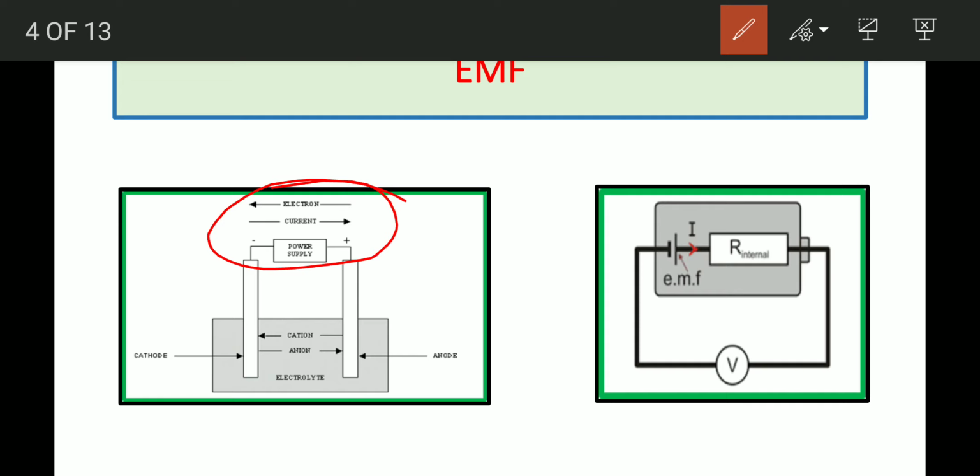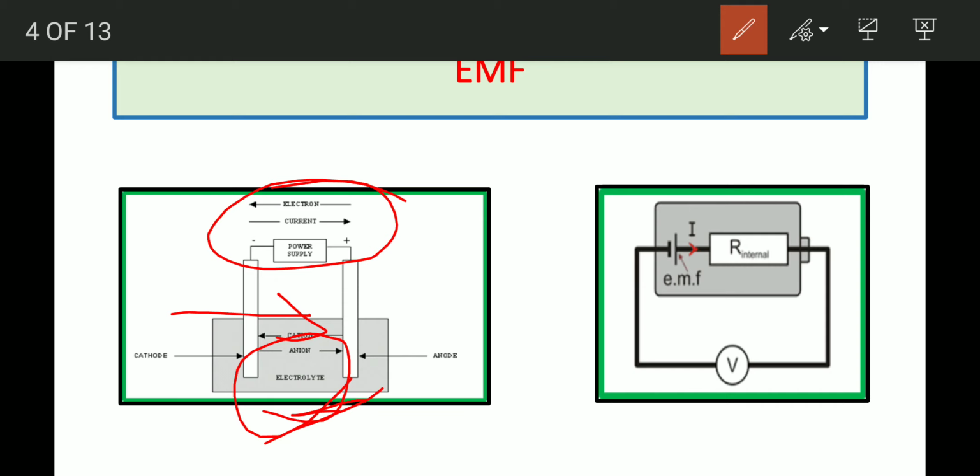Outside the cell the current flows from anode to cathode, but from cathode to anode it will flow inside the cell through the electrolyte. This is what I am talking about here right now, the current that flows from cathode to anode within the electrolyte.